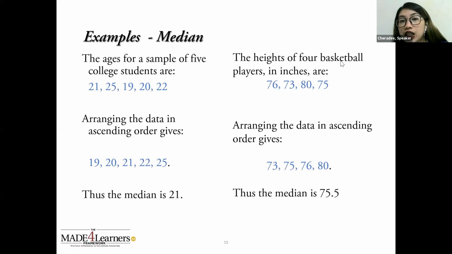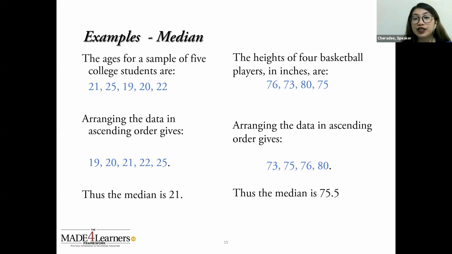Now, if the given values are even, it's still n plus 1 divided by 2. So 4 plus 1 is 5, divided by 2 is 2.5. Meaning you are going to get the second and the third number, and you average the second and third numbers. So for example, order the data: 73, 75, 76, 80.